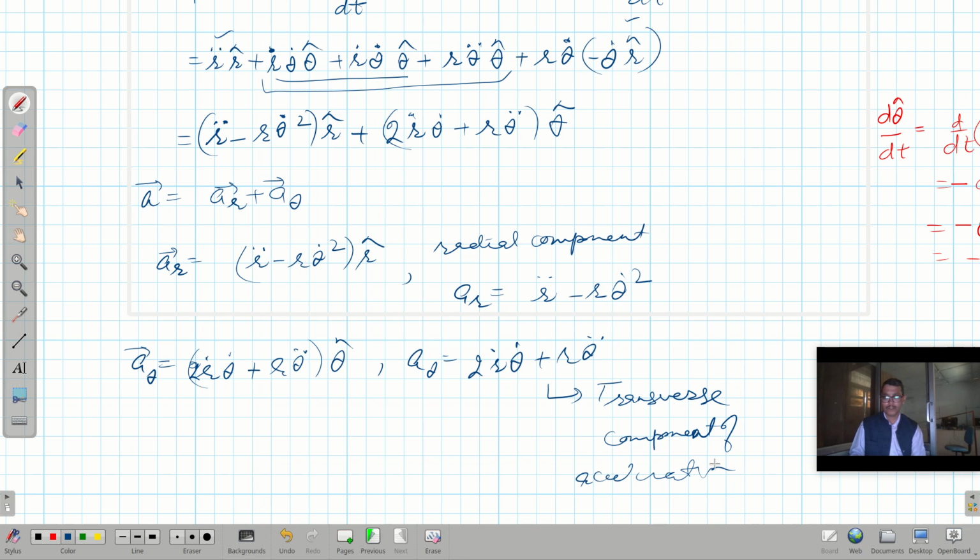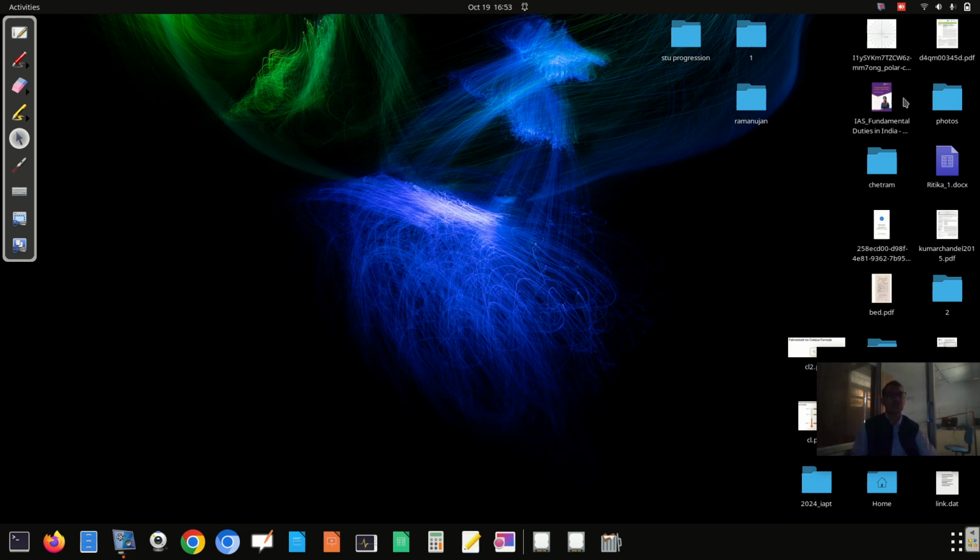Right, so this is how acceleration and velocity can be written in terms of plane polar coordinates. So that's all for this lecture.